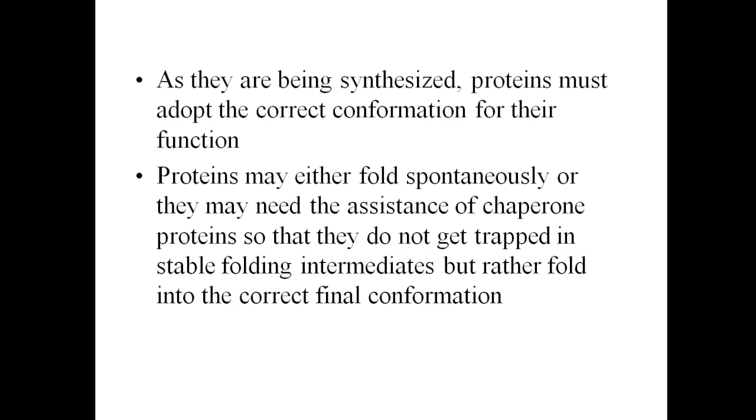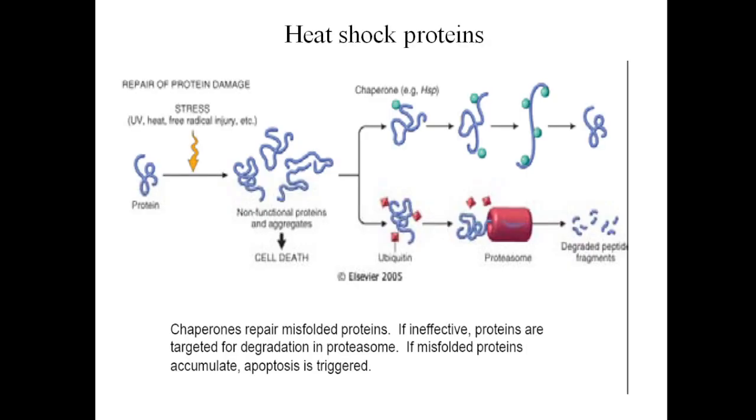But in cells, when the concentration of proteins is relatively high, it can lead to non-planned random interactions between the newborn polypeptide chain and other proteins. To prevent this, we have special proteins called chaperones.